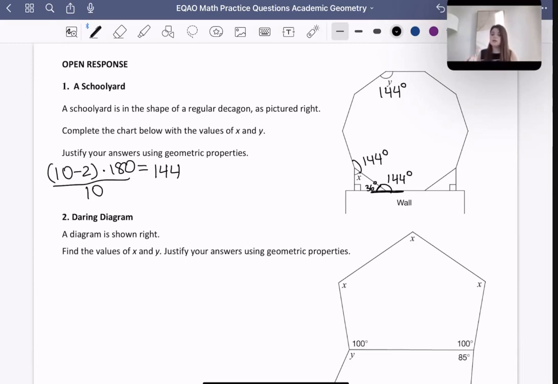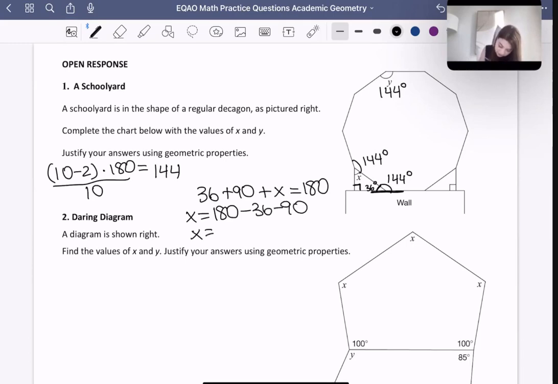We also need 180 for the three angles in the triangle, right? So we know that 36 plus 90, because we have this here, which tells us that this is a 90-degree angle, plus x must give us 180. So now if we do x is equal to 180 minus 36 minus 90, we can find out what x is.